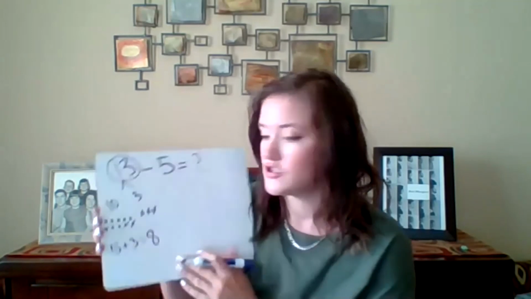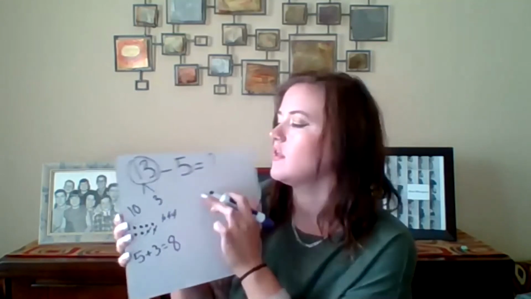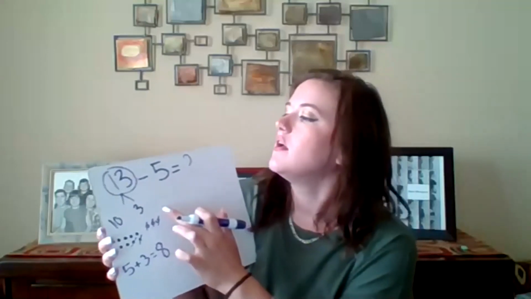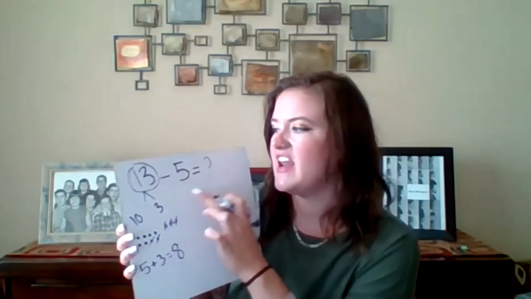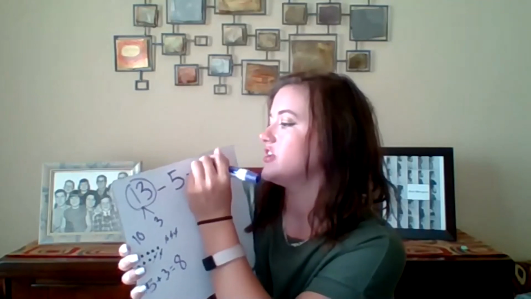Did she get the same answer as me? So if she started with 13 and ended with 5, how many did she give to Lily? She has 8. She gave Lily 8 of her markers. Nice job.